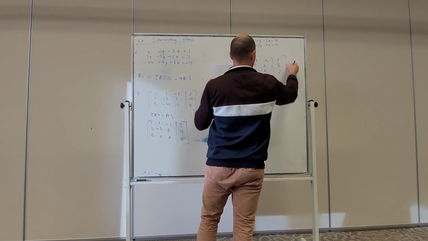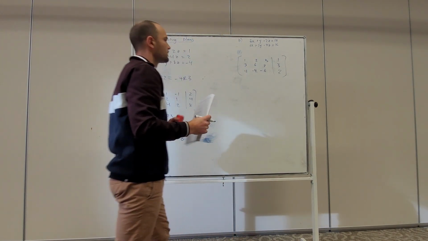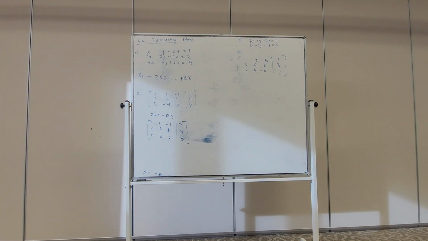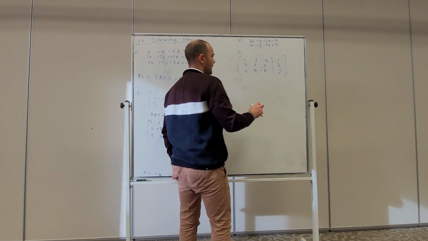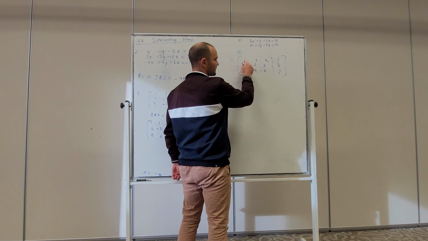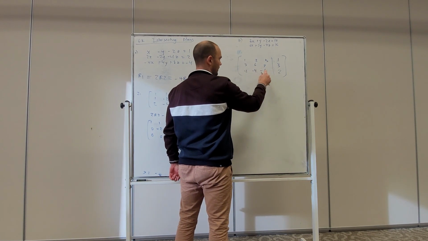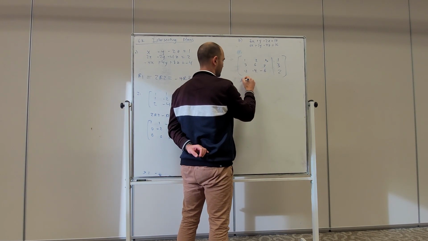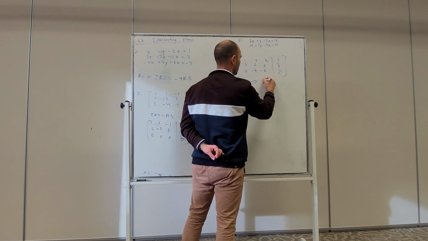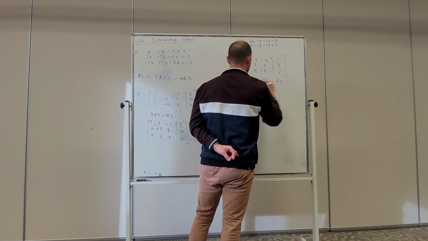If we try to break this down, maybe what we can see is all of the directions are scalar multiples. Let's break it down. We'll replace row 2 with 3 lots of row 1, take row 2.